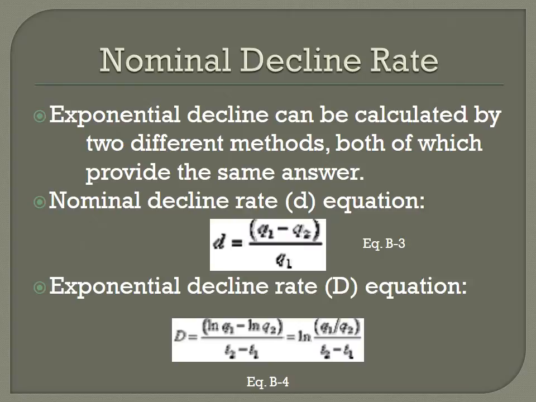In equation B3, we see that the nominal decline uses a lowercase d, representing an approximation of the slope, and a q subscript 1, representing a preceding rate. In equation B4, for exponential decline, we see it uses a big D for the actual slope and a Q representing an instantaneous rate.